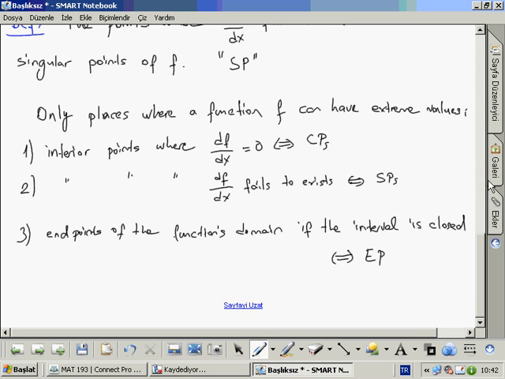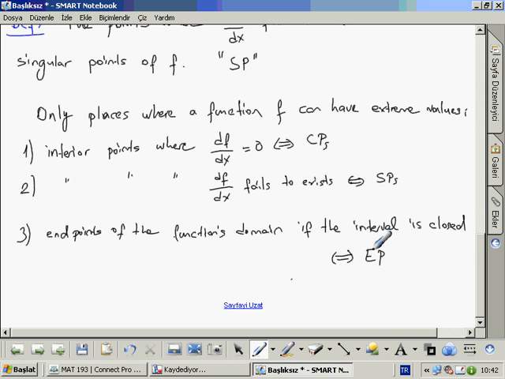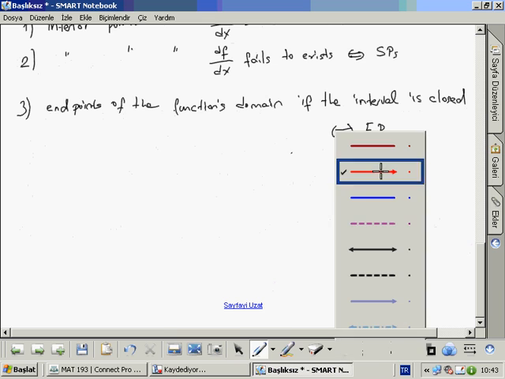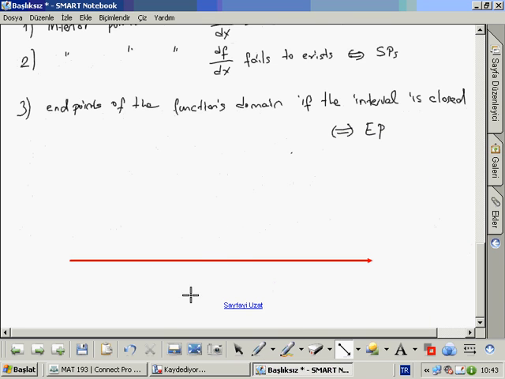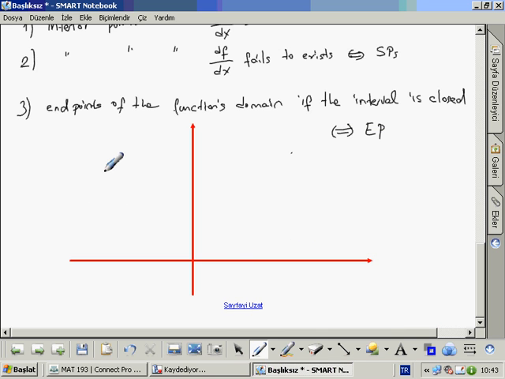And also it can be called by the critical points of the function. Let me sketch a function graph to understand the critical points and some local minimum and local maximum points of the graph. For example, we have lots of points like that.